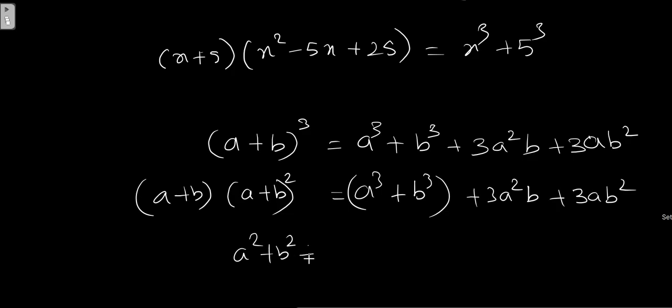When elaborating this, a square plus b square plus 2ab, times a plus b. So quadratic and linear will give us something like that. Okay, so this is how we need to analyze this, and we'll move on to the next one.